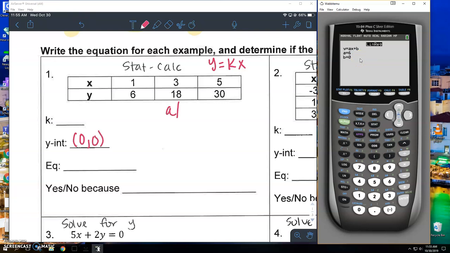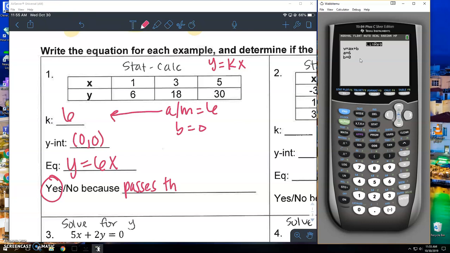So my a, which is my slope, is 6 and my y-intercept is 0. So that means my k is 6. So my equation is y equals 6x, and remember, we don't need to put plus 0. So I would say yes, this does vary directly because it passes through 0, 0. Okay, it passes through the origin.